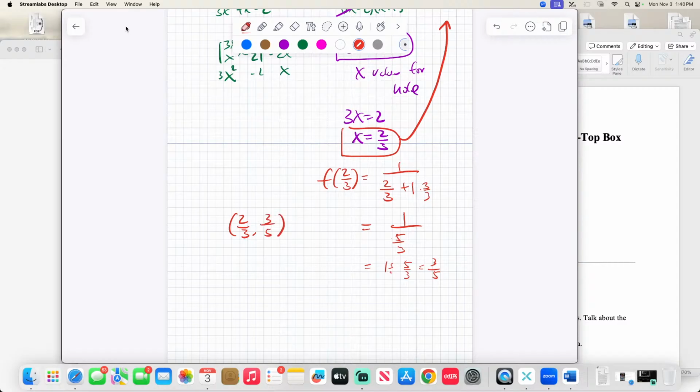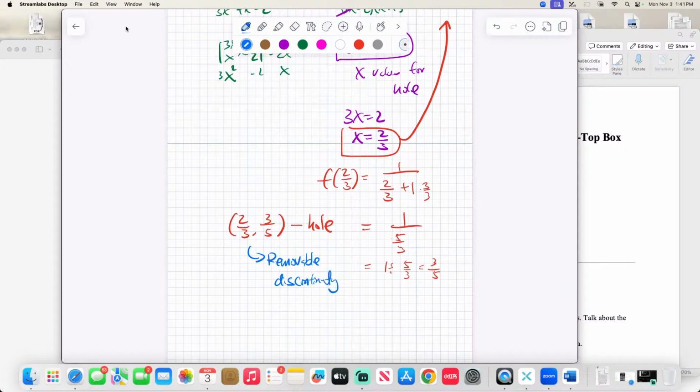Now, this is known as the hole, but I'm going to teach you a new name today. Besides the hole, it's called a removable discontinuity.